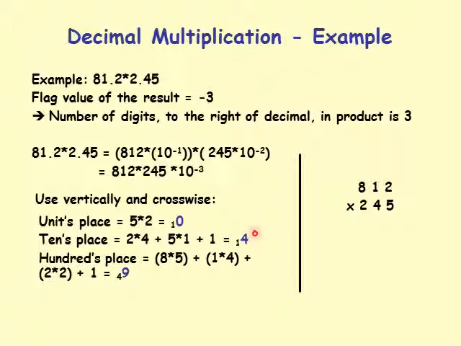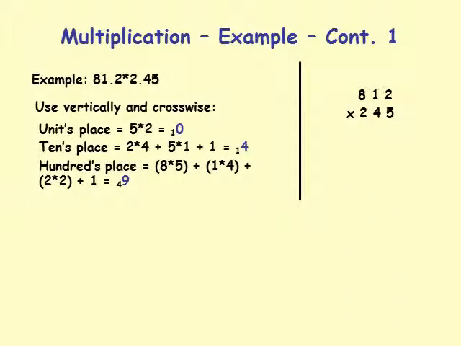So we would use 4 and carry 1. Hundreds place is that product plus that product plus that product. 8 times 5 is 40, plus 1 times 4 is 44, plus 2 times 2, 48, plus the carry, 49. So we have 49, carry 4, keep 9.